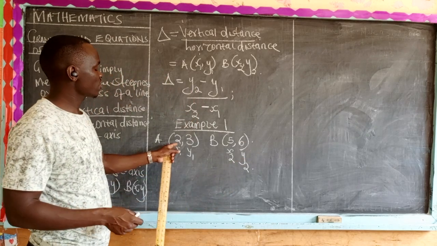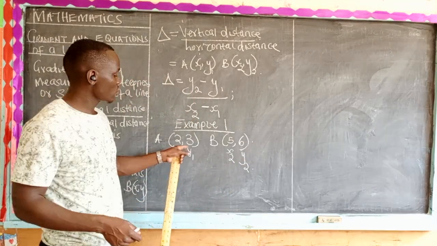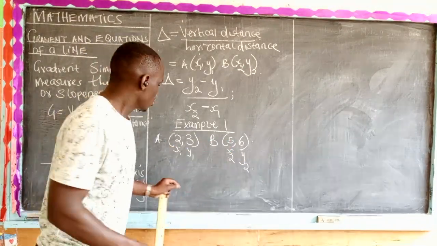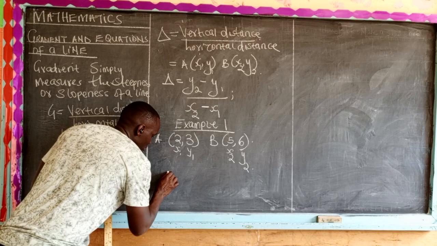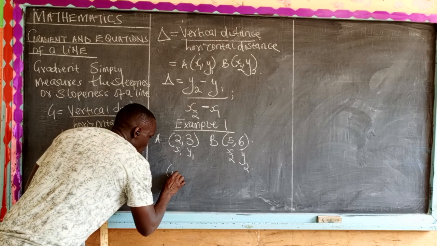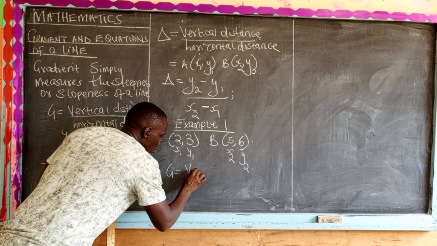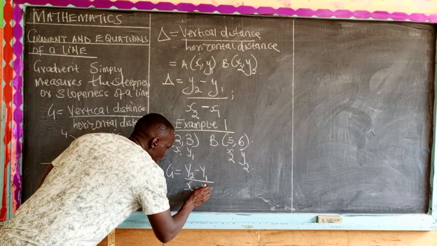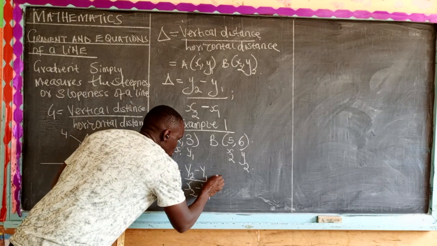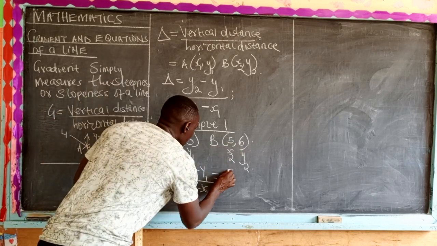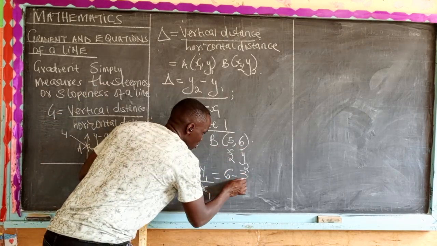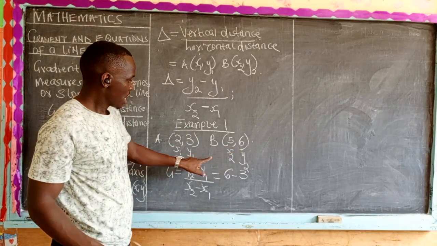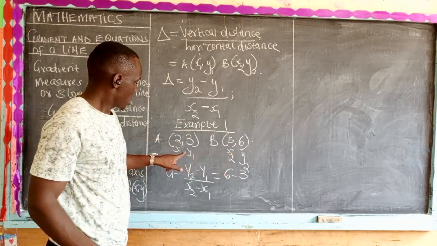So to get the gradient, it is given by y2 minus y1 over x2 minus x1, where y2 is 6, y1 is 3.